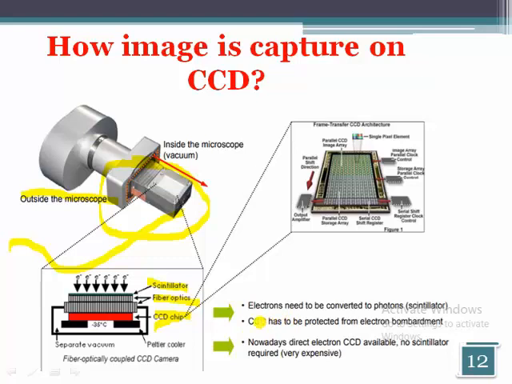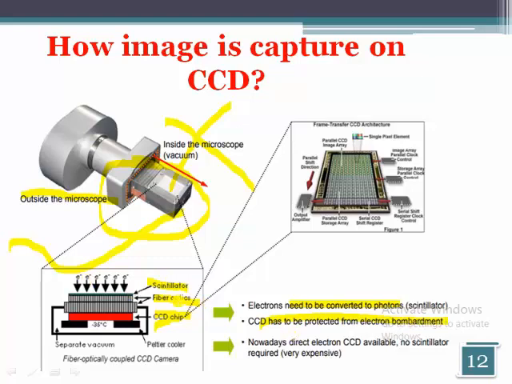See, the CCD has to be protected from electron bombardment. Means what? We can't bombard electrons directly over here because it will damage the chip. That's why whatever electrons are there need to be converted into photons. And for that we need a scintillator.